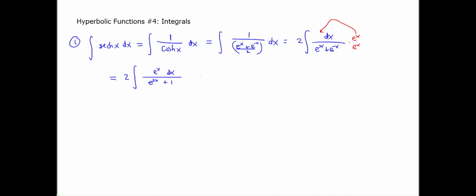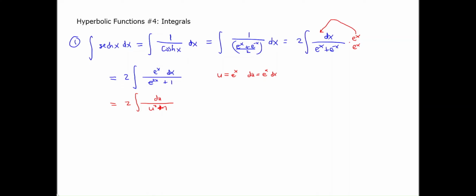Let's make the substitution u equals e to the x, and of course du is going to equal e to the x dx. When we do that, we're going to have a 2 on the outside still. Upstairs, du. Downstairs, u squared plus 1.